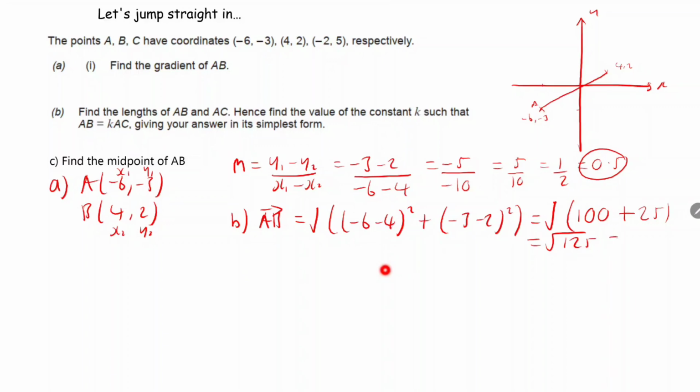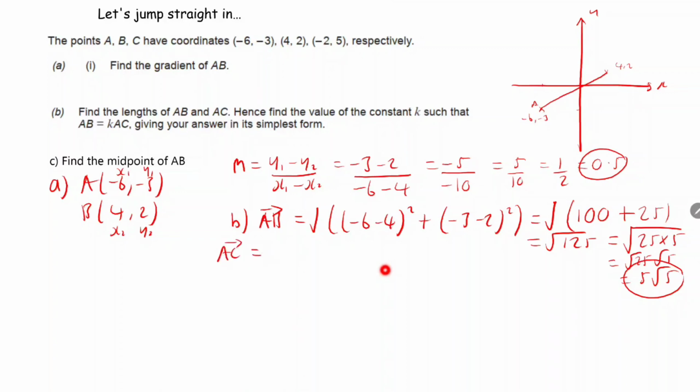Now in this particular case, this can be written as 25 times 5, which is root 25, root 5, and that can be written as 5 root 5. So that's our first distance. We also need to find the distance of AC.